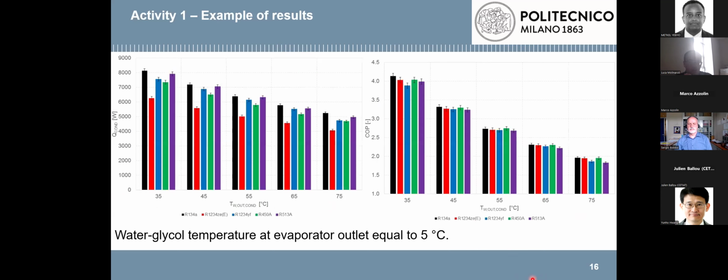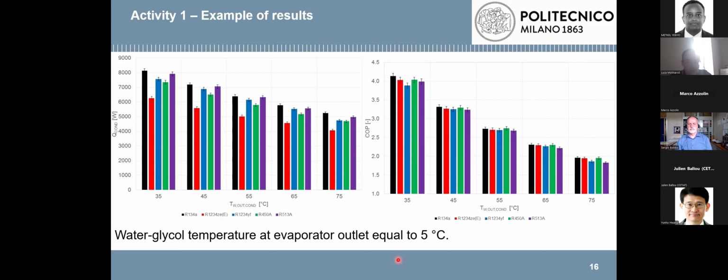Just to give you an example of the results we obtain, here are 2 different figures. On the left hand side, the condenser capacity, and on the right hand side, the COP. On the x-axis of both figures, we can find the temperature of the water at condenser outlet, and these 2 figures refer to a water ethylene glycol temperature at evaporator outlet equal to 5 Celsius degrees.